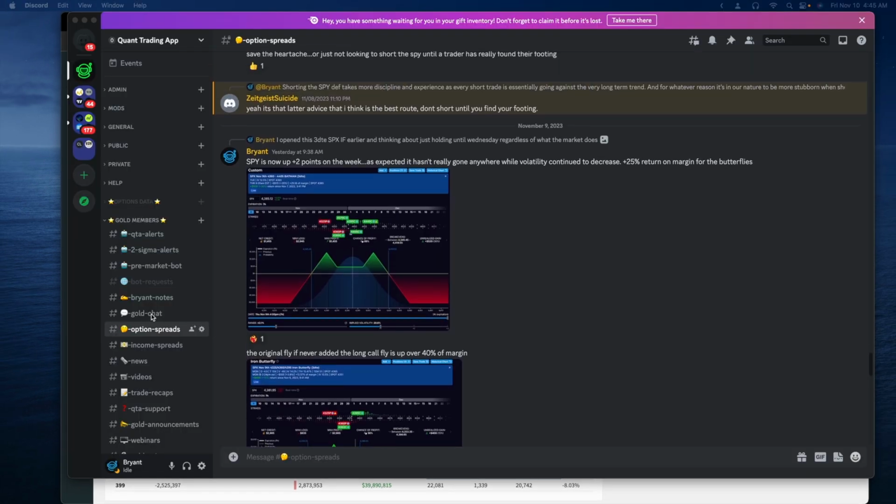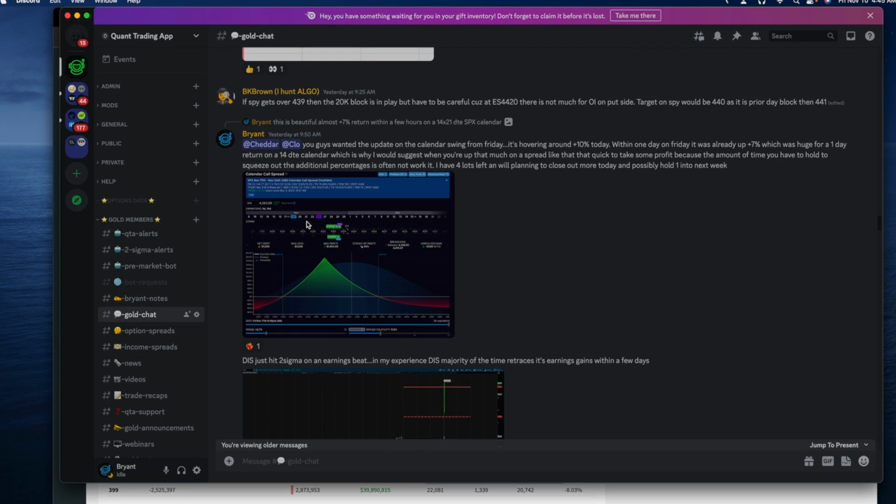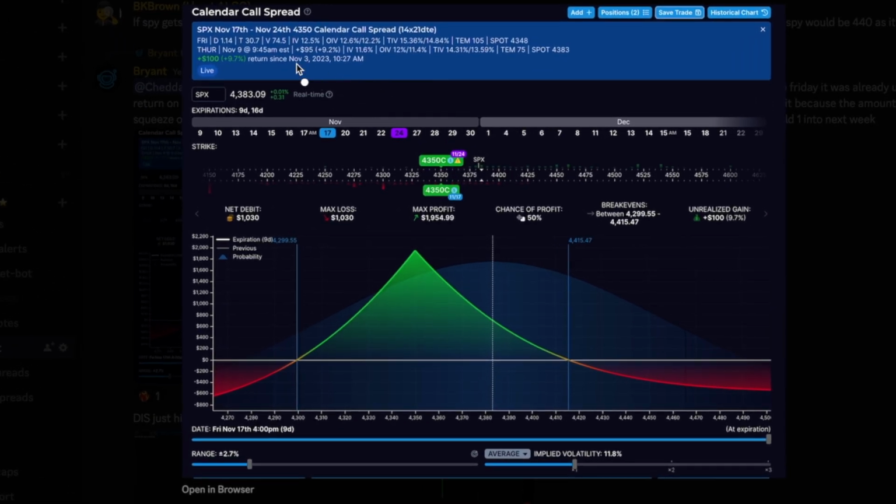Another strategy using the exact same information was the calendars. This was a calendar which I opened last week, Friday, expecting similar results here. So a 10-11% return on these calendars that were opened last week. I didn't have to do anything, just held them with the same analysis, expecting the markets to be choppy this week or hover around the high gamma strikes or the high open interest strikes.